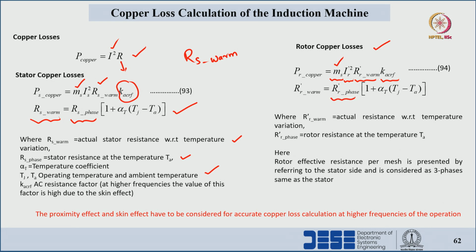RR dash phase is the actual resistance of the rotor at ambient temperature. So, based upon the temperature variation, we can calculate the rotor resistance at that particular operating temperature, and then we can calculate the rotor copper losses.